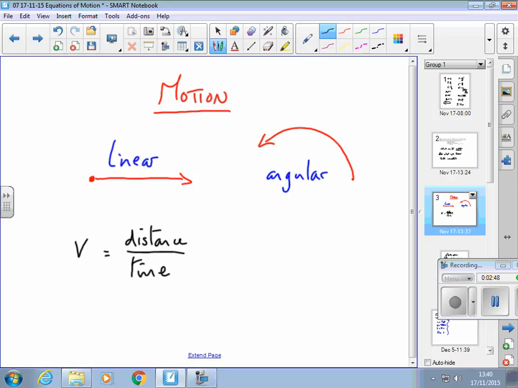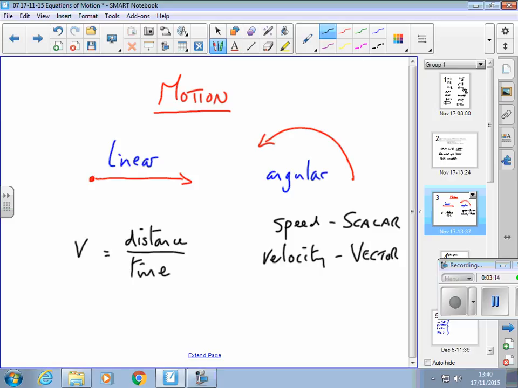Oh, you need to go roughly west-ish. Okay. Speed tells us the magnitude of the motion that I'm travelling at, and that's a scalar. Velocity tells us a bit more. It tells us the magnitude, but also the direction, and it's a vector.